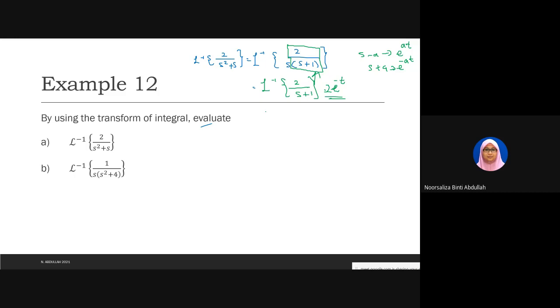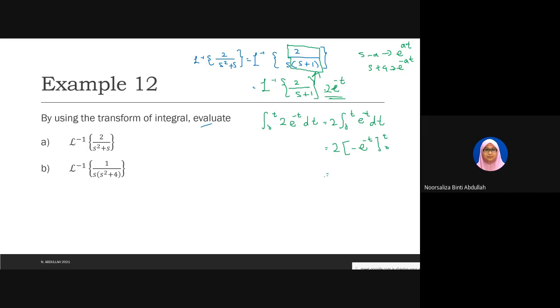Then you integrate from 0 to T, 2 exponent minus T dT. You integrate this one, what do you get? 2, negative exponent negative T, from T to 0. Okay, so you replace T with T and 0.